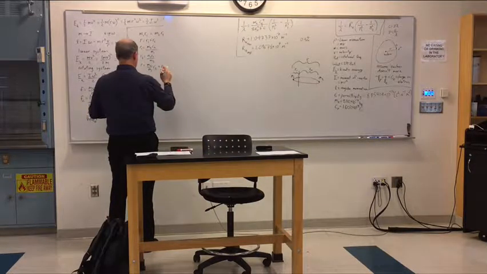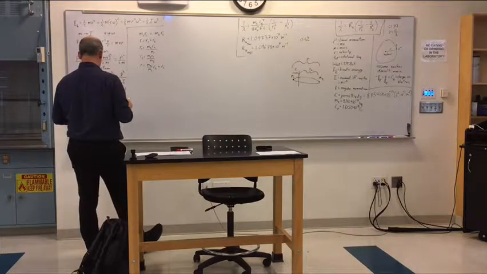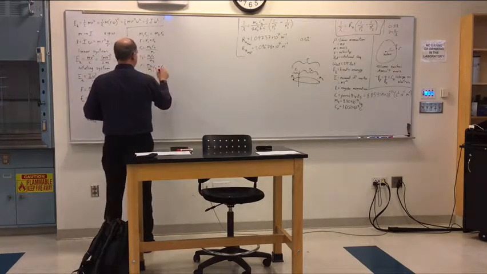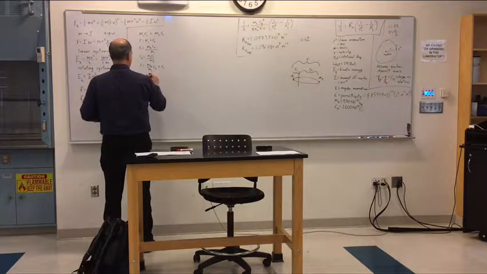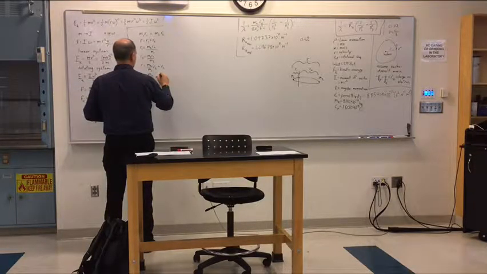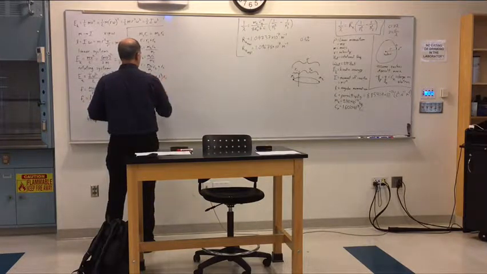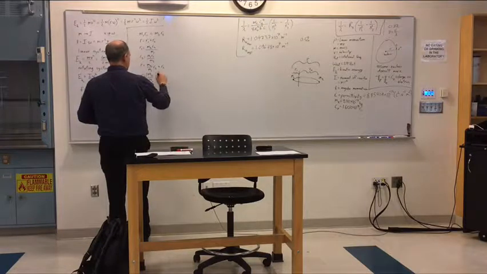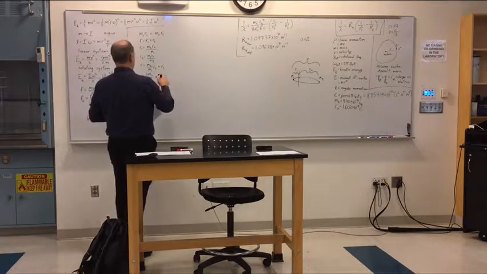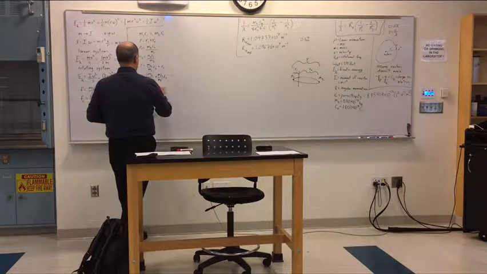If we take this and replace this with M1 over M1, doing cross multiplication to bring them together, this would be M2 plus M1 over M1 times R2 is equal to R itself.